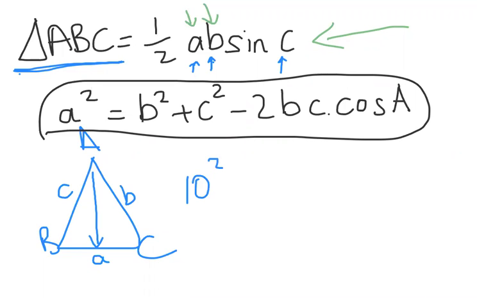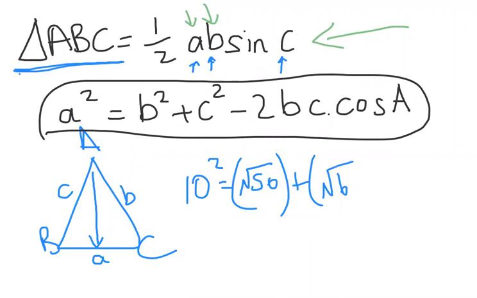So let's see what we can do. We have 10 squared equals b squared plus c squared minus 2bc cos A. I'm going to use square root of 50 squared plus square root of 65 squared, the other two sides, minus 2 times square root of 50 times square root of 65, and all of that times cos A. Oh, my space is running out.